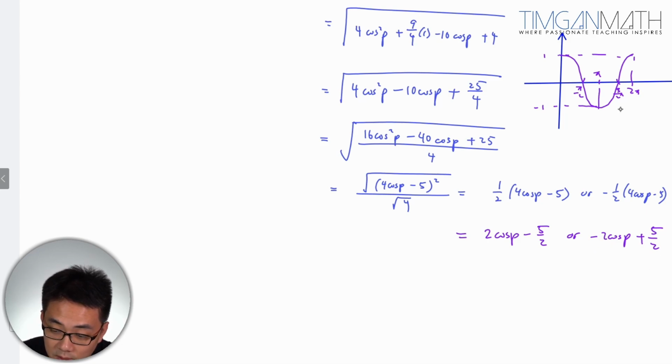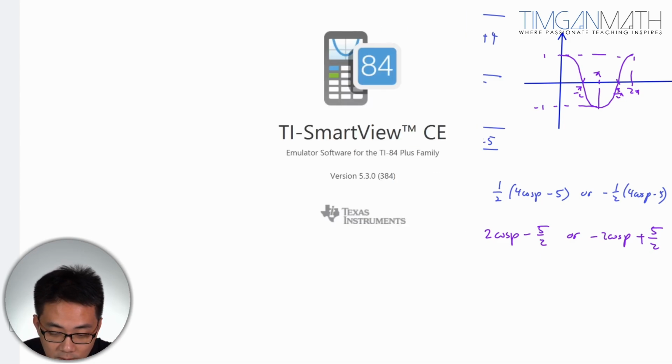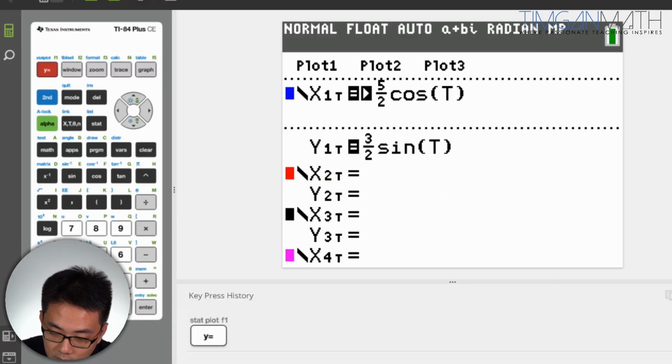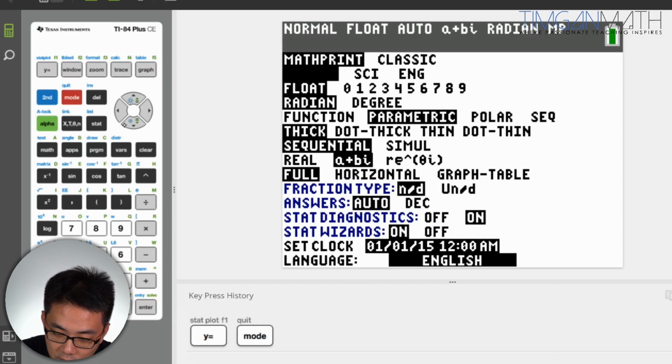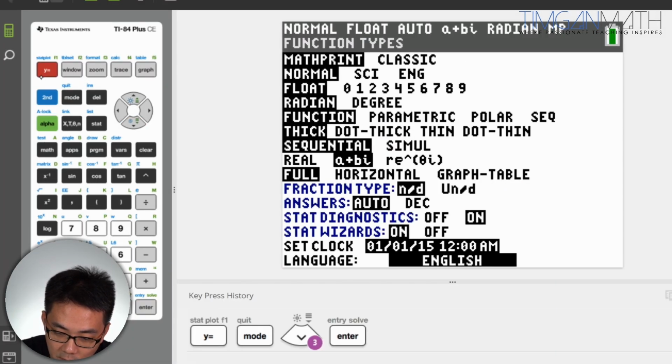Then you will be able to see which will give you a positive value. If you look at this part here, 2 cosine p plus 5 over 2, let me just plot it out for you, then probably this will help.